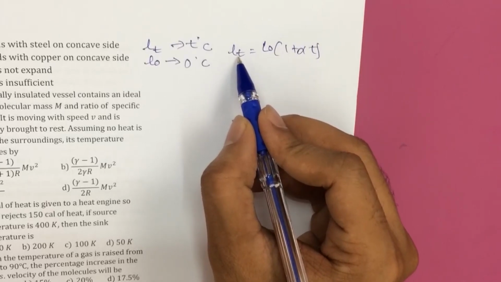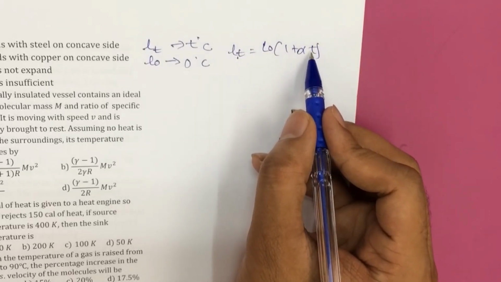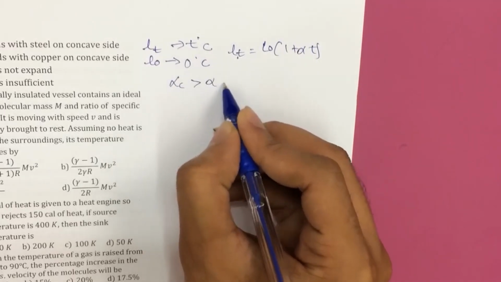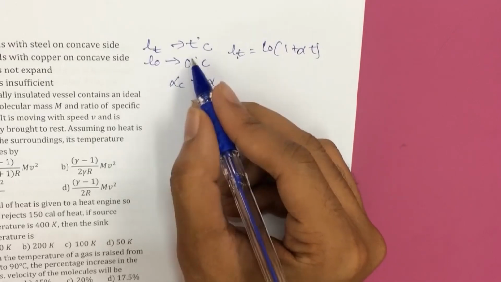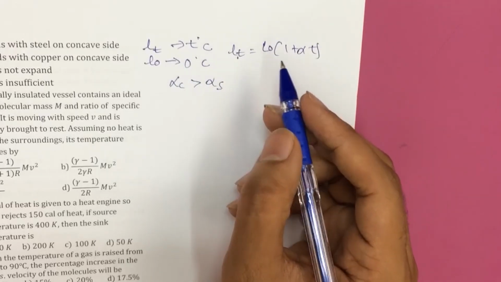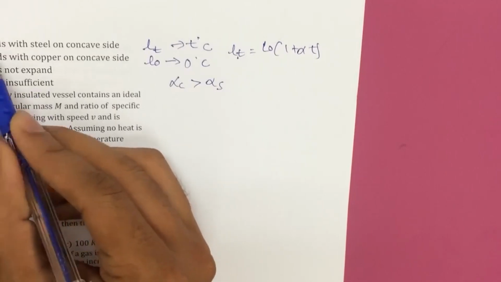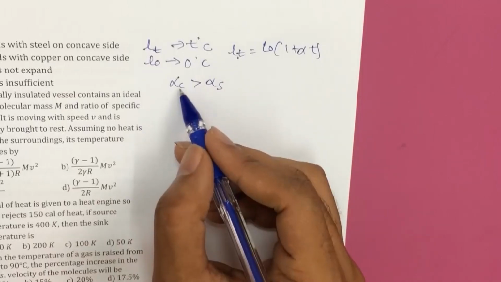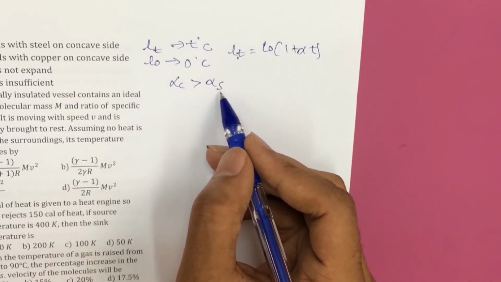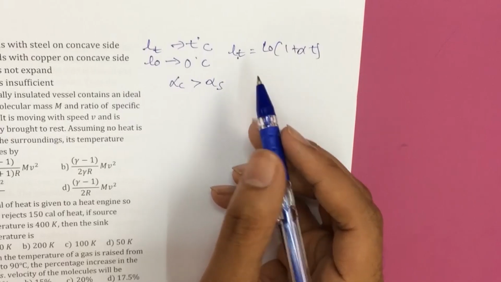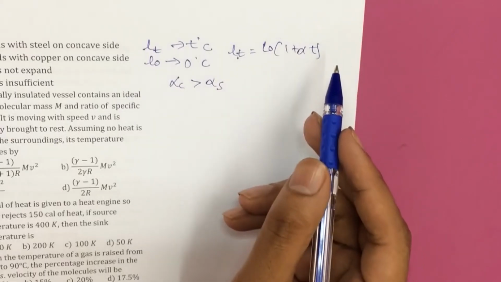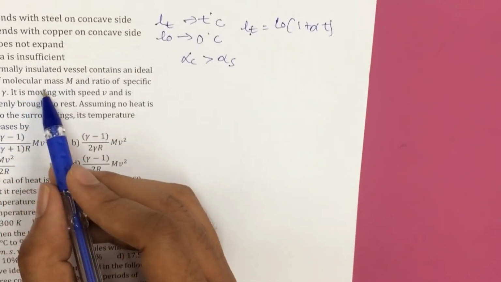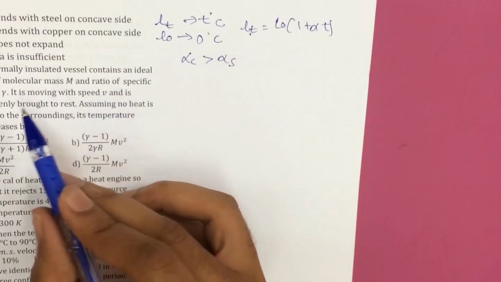So we can see that if alpha increases, L_T will also increase. Now alpha for copper is greater than alpha for steel. Therefore copper will expand more compared to steel, because of which your correct answer would be option A. It bends with steel on the concave side. So because alpha for copper is greater than alpha for steel, the rod bends with copper on the convex side and steel on the concave side.